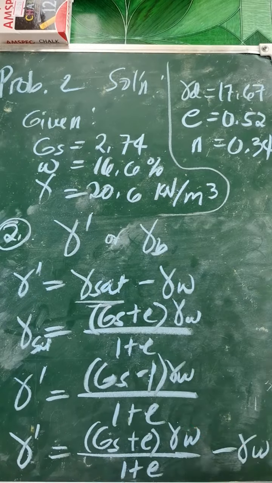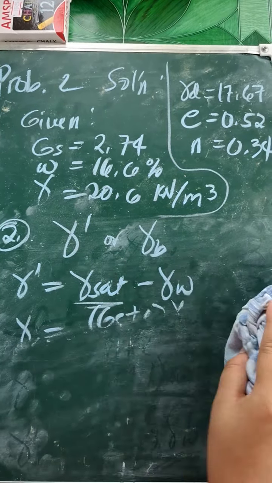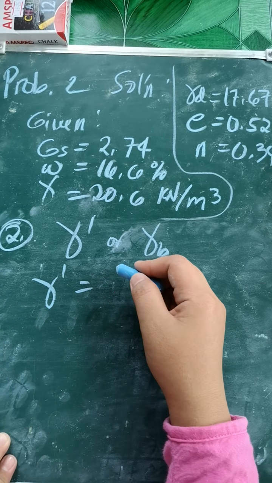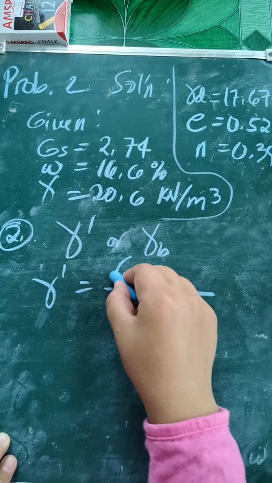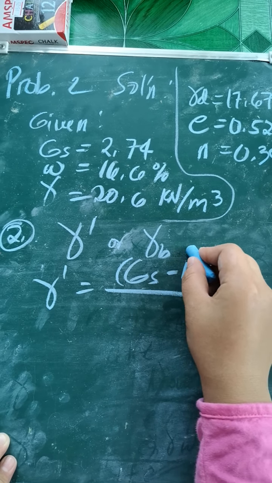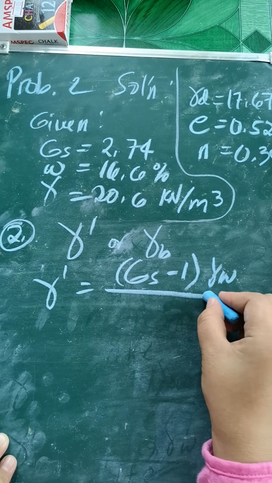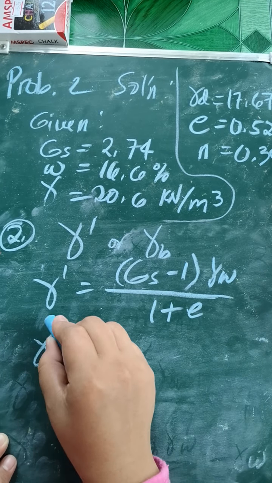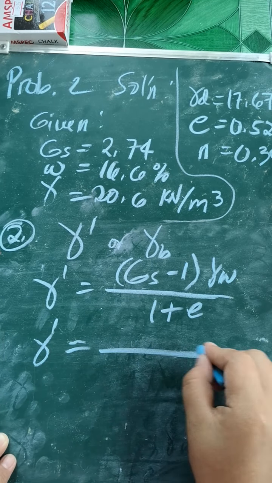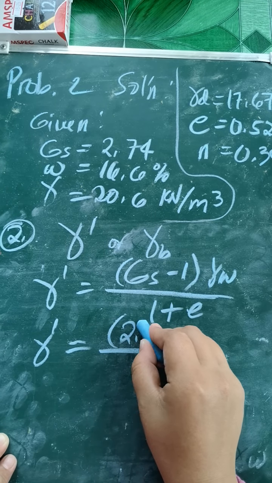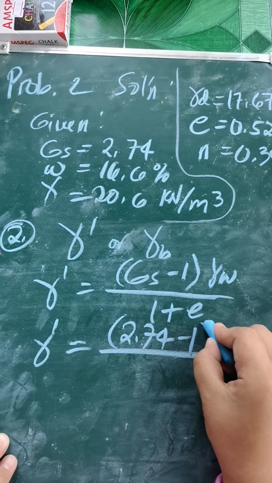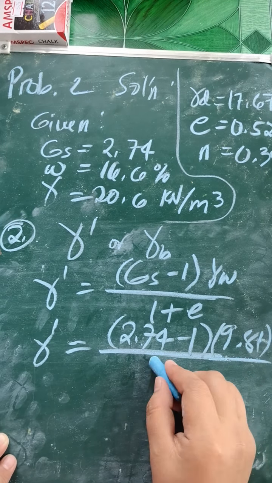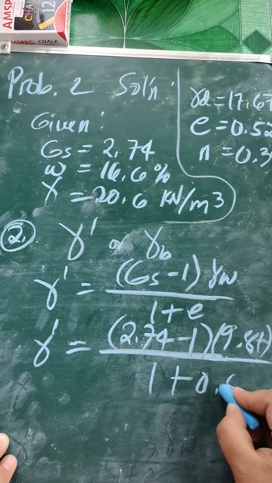So let's try to use this one. So gamma prime is equals to specific gravity minus 1 times unit weight of the water all over 1 plus E. So we have gamma prime is equals to, our GS is 2.74 minus 1 times 9.81 all over 1 plus 0.52.